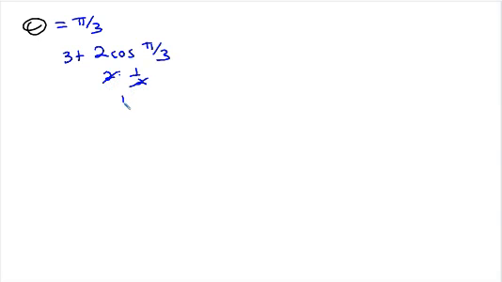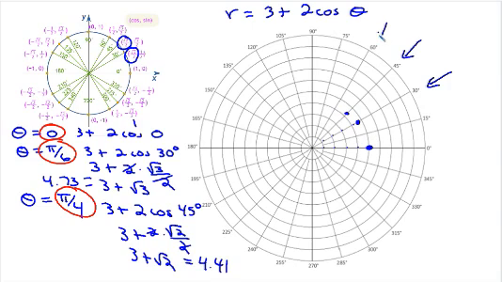If I use theta equals pi thirds, then I'm going to have 3 plus 2 times the cosine of pi thirds, which is going to be 1/2. So I have 2 times 1/2 here, which is just 1. So I have 3 plus 1, which is 4. So now on my 60-degree line, I'm right on the line 4.